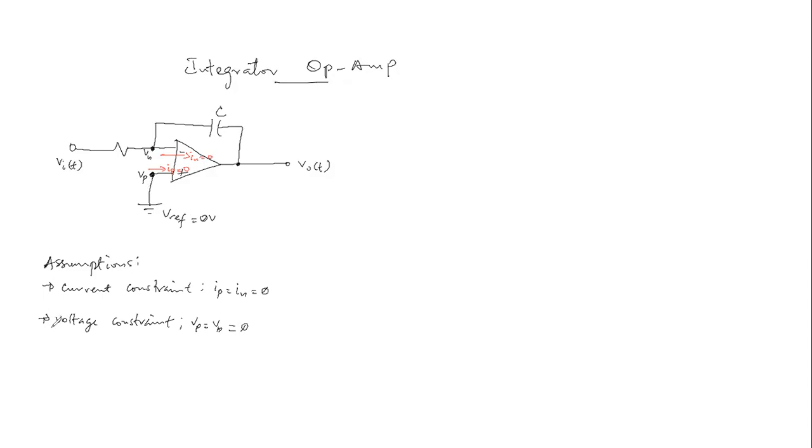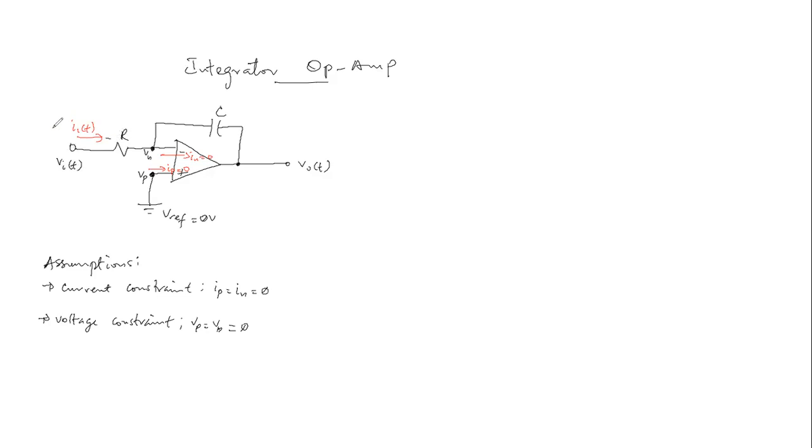Now, based on the current constraint, you will observe that the current, that is I sub I of t, flowing through the resistor R will be the same as the current flowing through the capacitor.